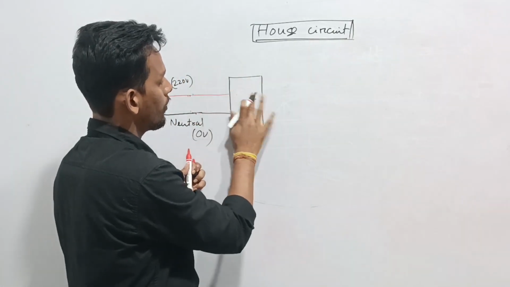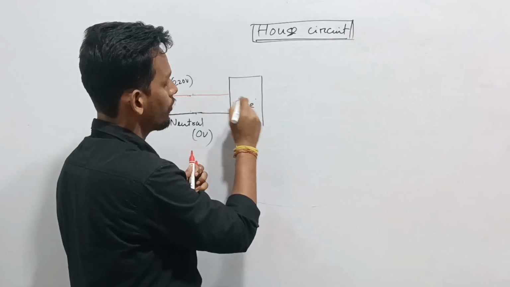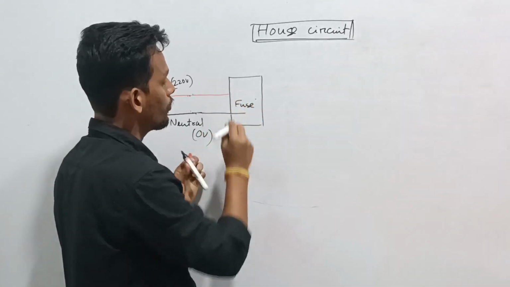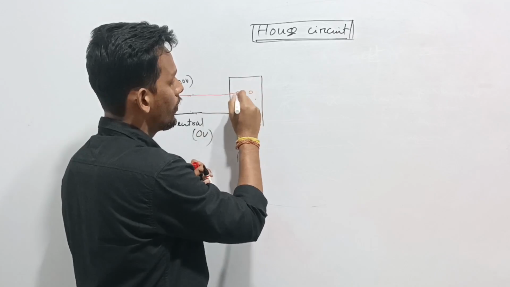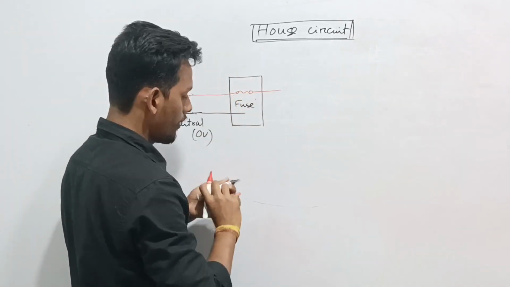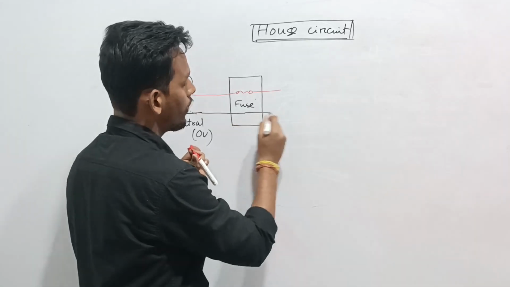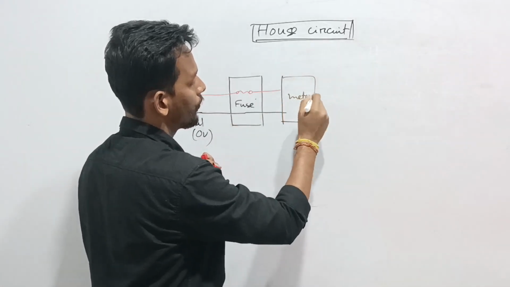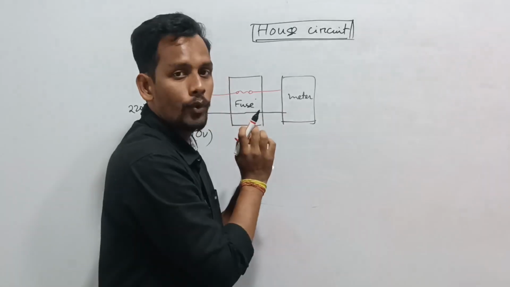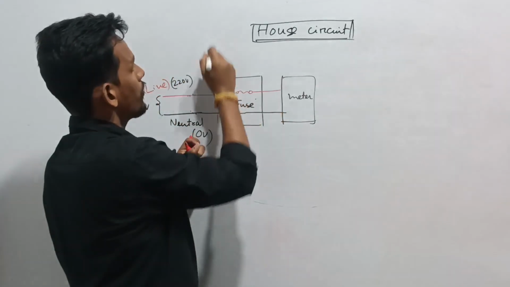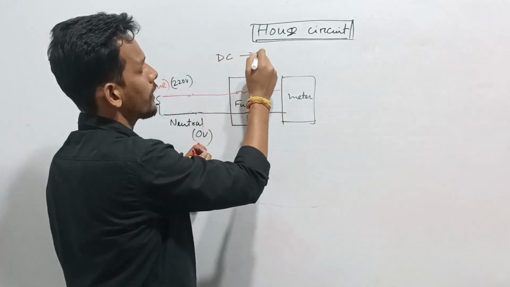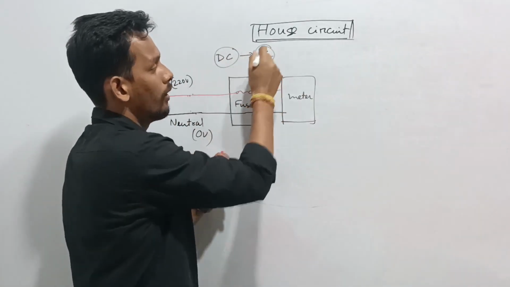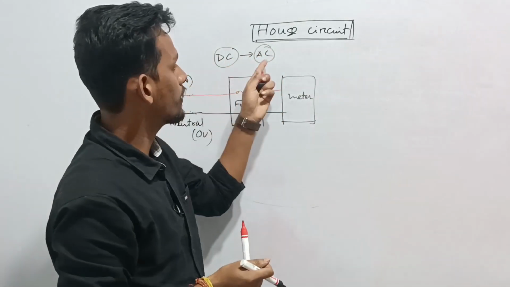Inside the fuse, the live wire is connected to the fuse wire. And then both the wires will be connected to the meter. Now, DC means direct current. What is the difference between DC and AC?